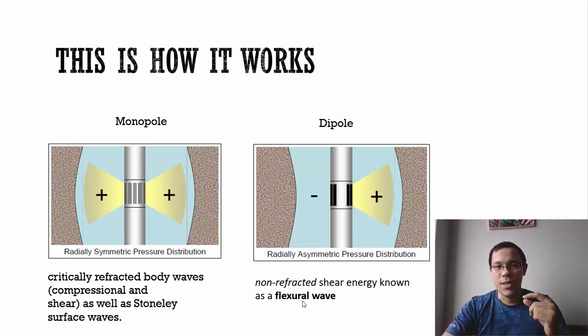But to put it in short, when a monopole cannot create shear waves, it is necessary to use a dipole transmitter. And this dipole transmitter is going to create non-refracted shear energy, which is also known as a flexural wave.